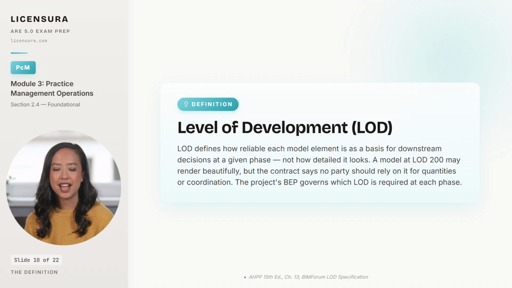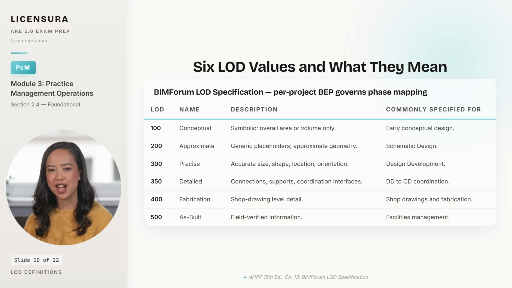There are 6 LOD values defined, and each one means something specific about what downstream parties can rely on. LOD 100 is conceptual, a symbolic representation, useful for overall area or volume and nothing more.